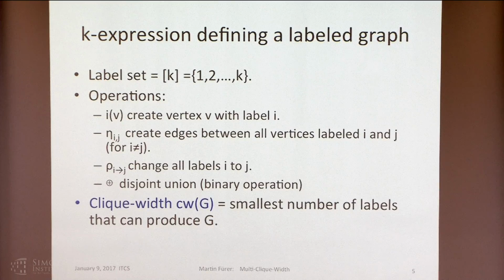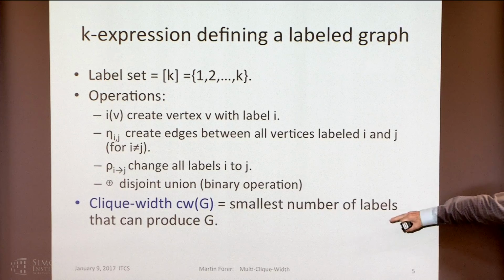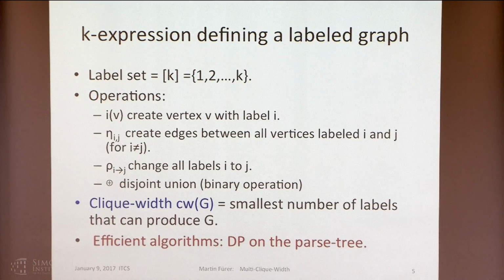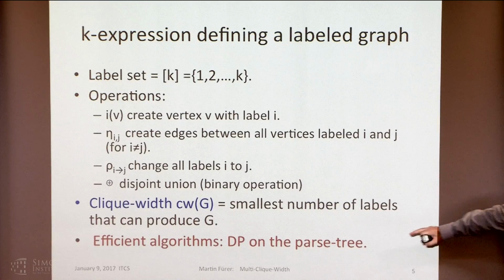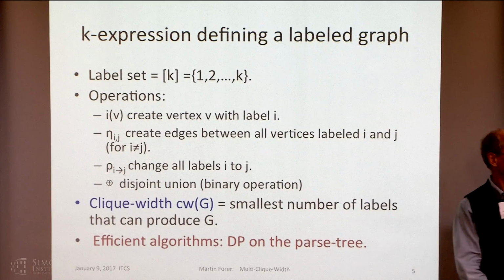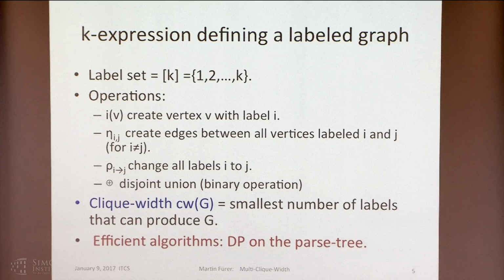The clique-width is then just the smallest number of labels that allow us to produce the graph. And efficient algorithms are obtained by dynamic programming on the parse tree of the k-expression that produces the graph.